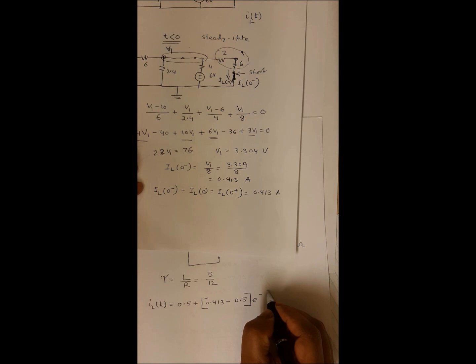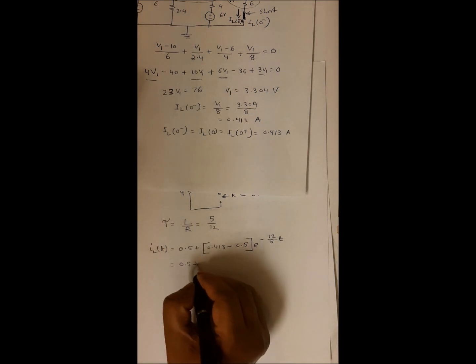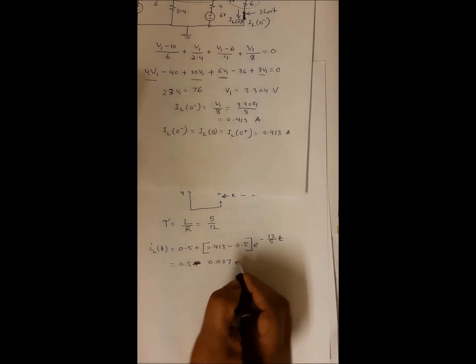So t over tau, you can write 12 over 5 times t, or you can simply write 0.5 minus 0.087 e to the power negative 12 over 5 t.